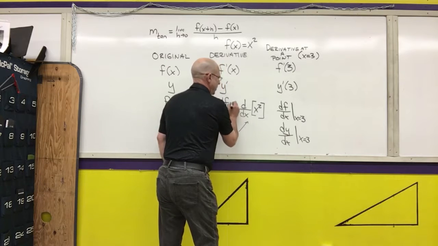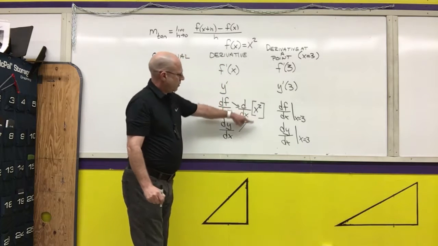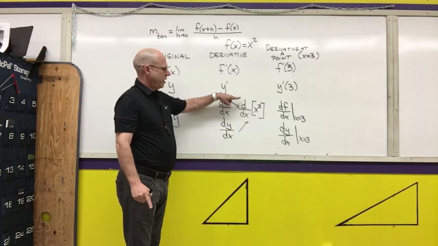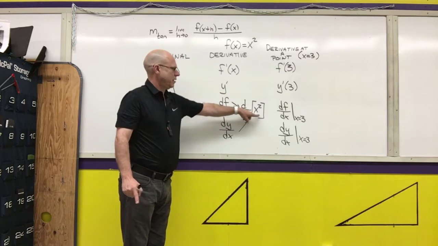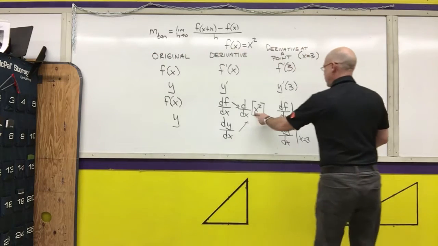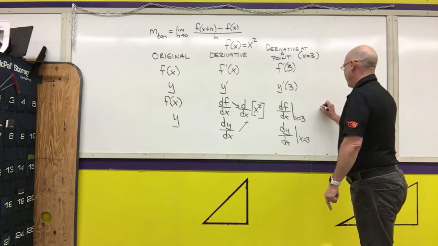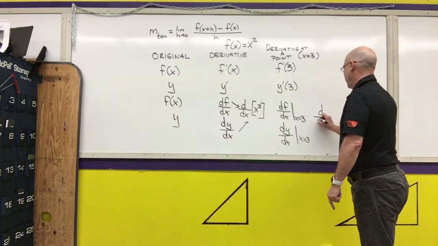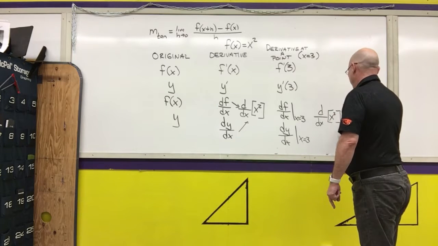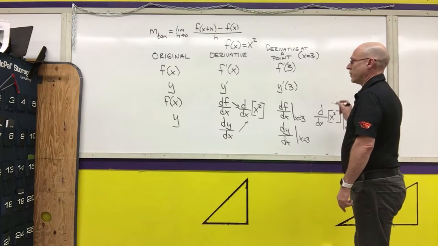So if I actually want to use the function for either one of these, that's another way I could write it. I could write d over dx of x squared. And if I wanted to evaluate this function at a particular point, it could be written as d over dx of x squared evaluated at x equals 3.